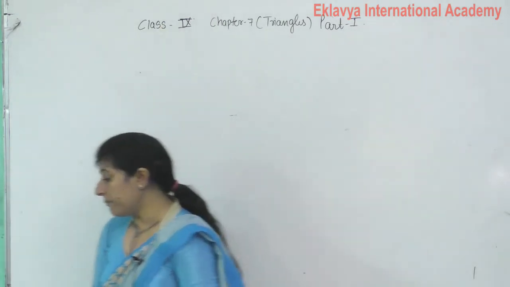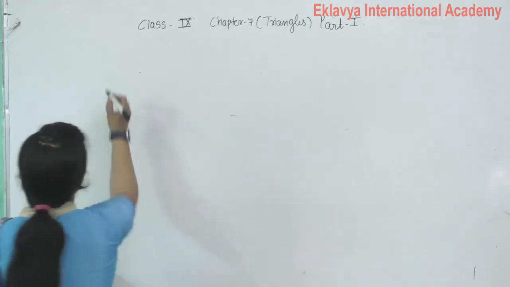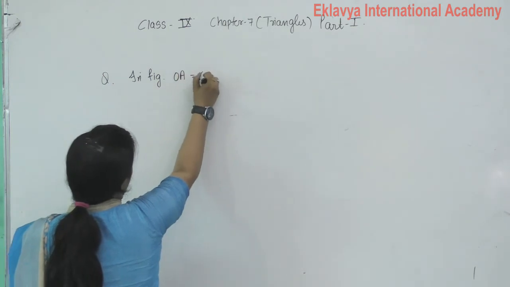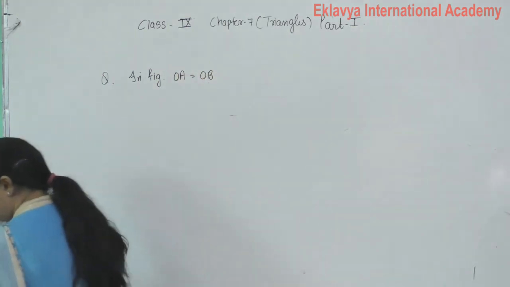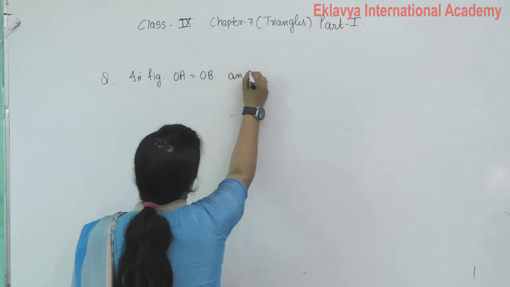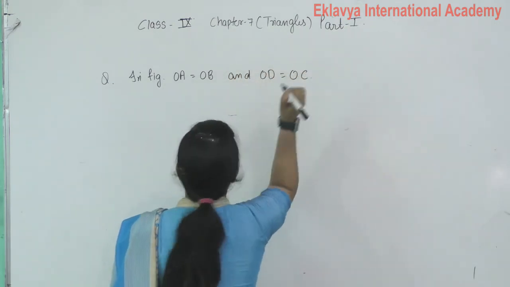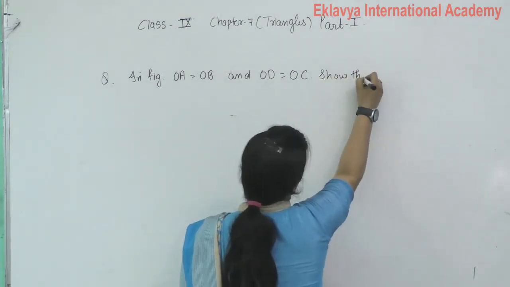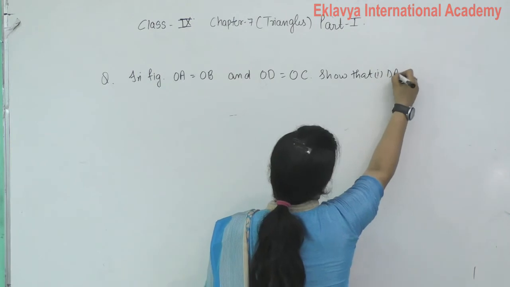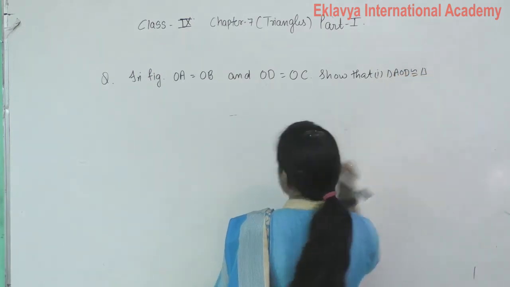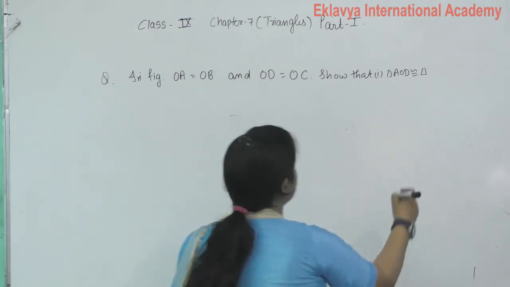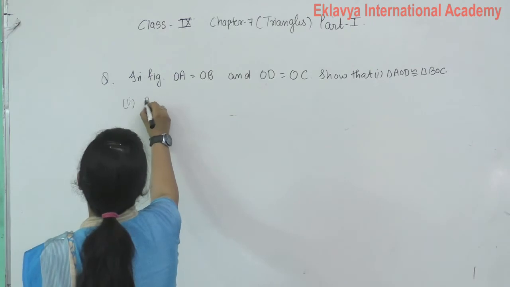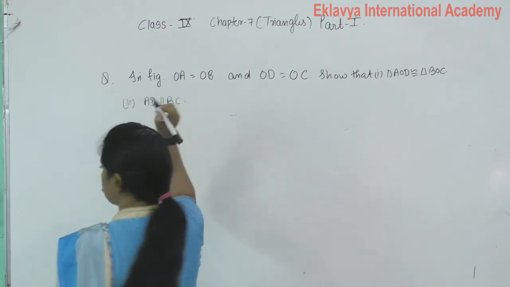Okay, take one example. In the figure, OA is equal to OB and OD is equal to OC. Show that first, triangle AOD is congruent to triangle BOC, and second, AD is parallel to BC.